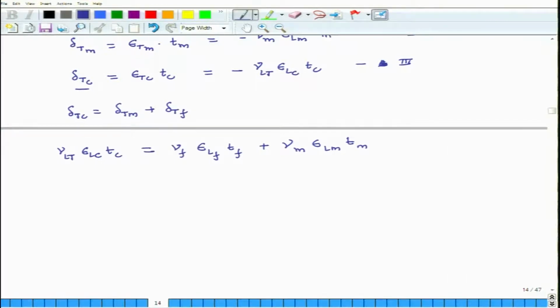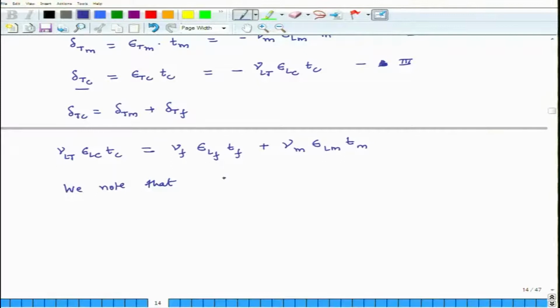by T c, before I divide the entire equation by T c, we note, whenever I have a unidirectional composite, when I pull it in the longitudinal direction, we had said earlier that the strain in the composite, strain in fiber and strain in matrix are same. Okay. So, we note that epsilon L c equals epsilon L f equals epsilon L m.